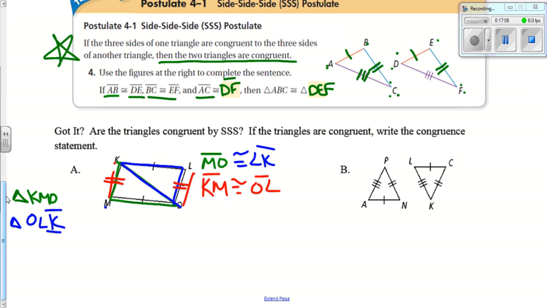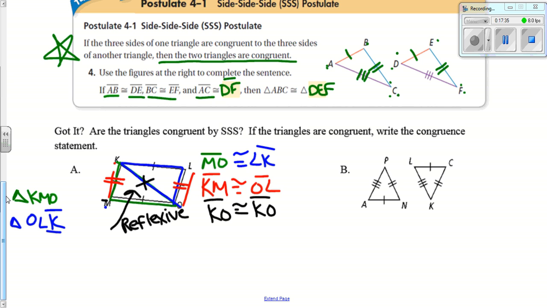Now, in this example, this right here is the same line for both triangles, so we can use the reflexive property. If it's the same line, once again, it is congruent to itself. So I can say that looking at the green triangle, KMO, line KO is congruent to line KO itself.